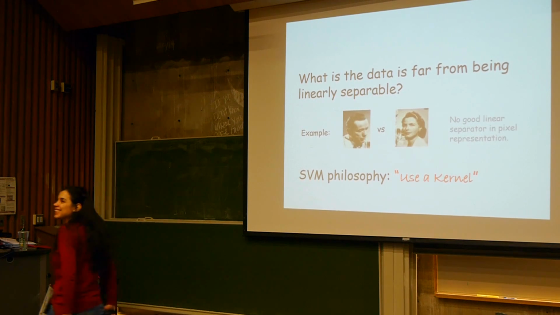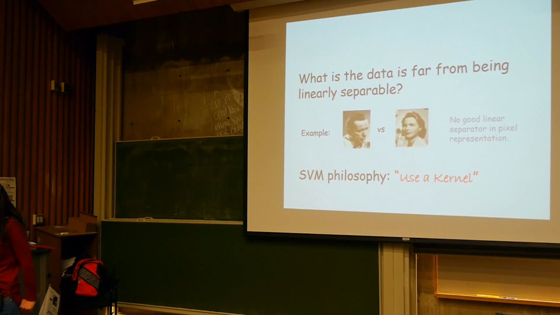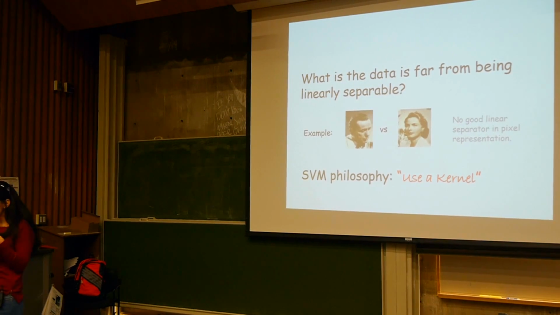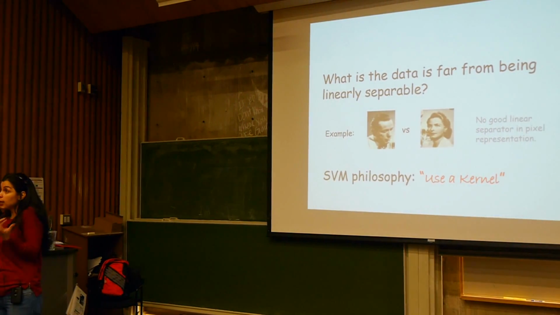Phi of x comma z would be equal to phi of x dot phi of z. Perfect. So a kernel function is a pairwise similarity function that corresponds to a legal definition of a dot product. We discussed why kernels are interesting: certain algorithms are kernelizable, meaning they can be written so that they only interact with the data via dot products.